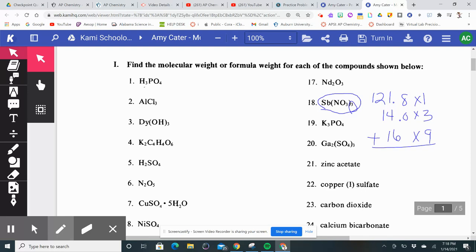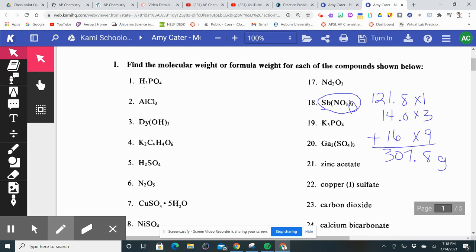If I get my calculator, that's 121.8 plus 14.03 times 3 plus 16 times 9. That gives me 307.8 grams. Okay. And so that would be my answer for number 18.